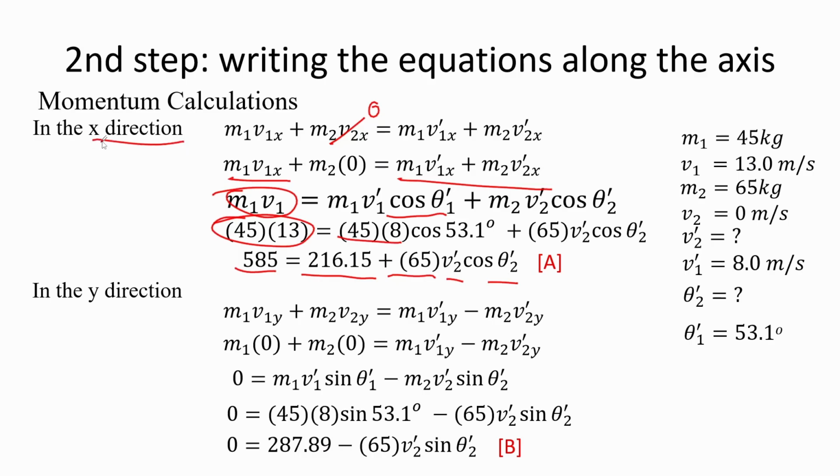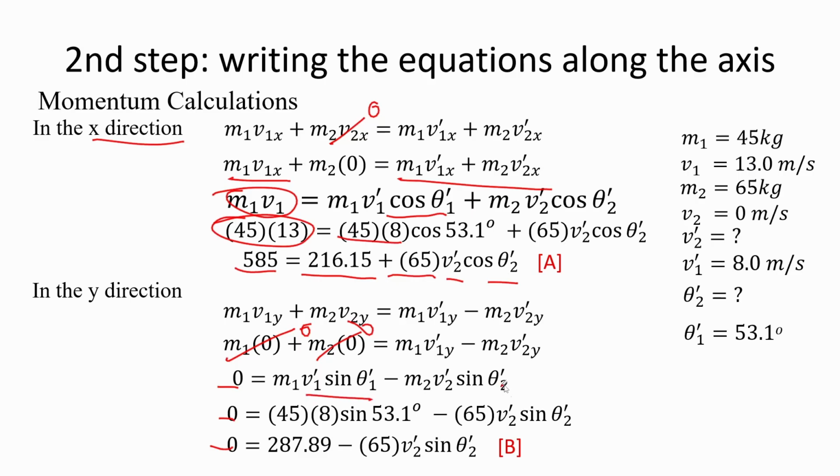Let's look at the y direction. In the y direction, m1v1y and m2v2y are both 0. So they are all 0. What remains are the y parameters after the collision: m1v1y prime and m2v2y prime. We know the vy primes are given as a sine function.